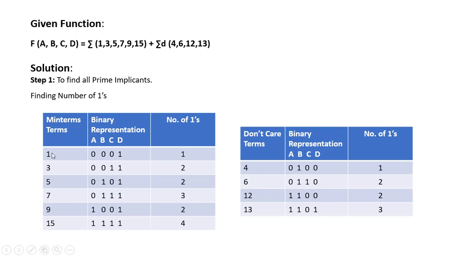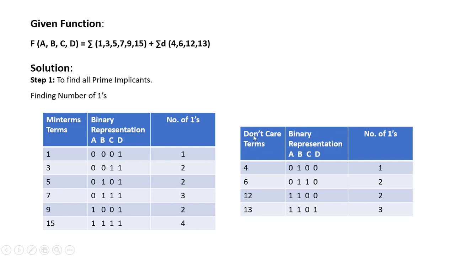So minterm 1 can be represented as 0001 and it has only 1. Similarly 3 is 0011, so the number of ones is 2, and so on. You will also arrange don't care terms in binary representation and then in number of ones.